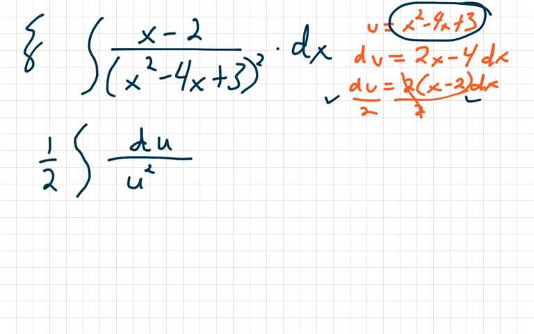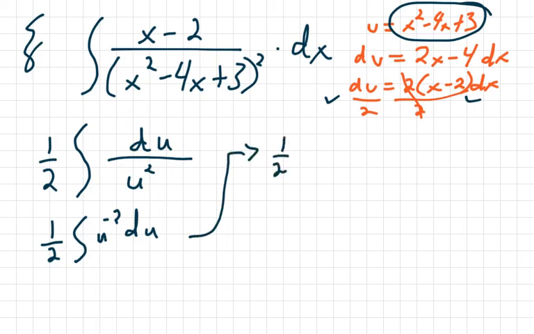So now when I go and do the integral of that, well, I'll move the exponent up first. u to the negative 2 du. Now I can add 1 to my exponent, get 1/2 u to the negative 1 divided by negative 1.